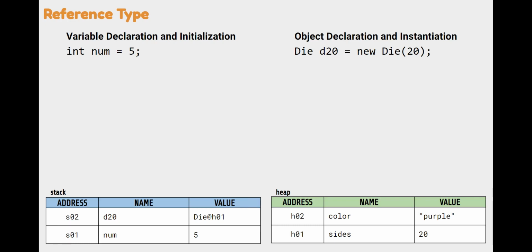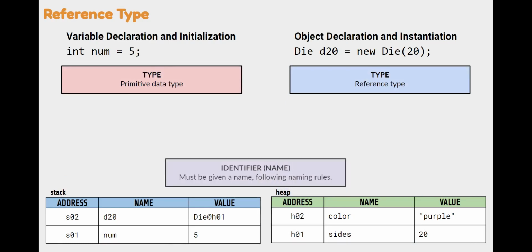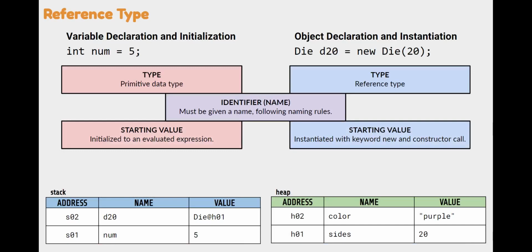So these statements look a little similar, but they are a little different. On the left, we have a primitive type. On the right, we have a reference type. They both have a name. This is a name that we give it. We should follow our naming convention rules when we create these names. On the left, we have an expression that will be evaluated to a value, and that value will be stored in memory.